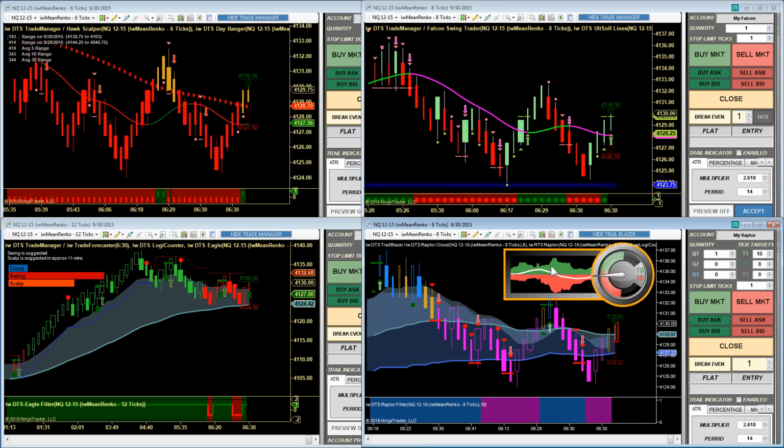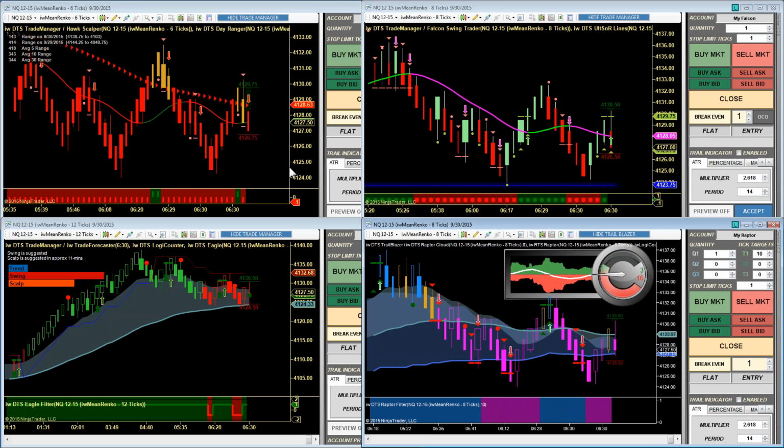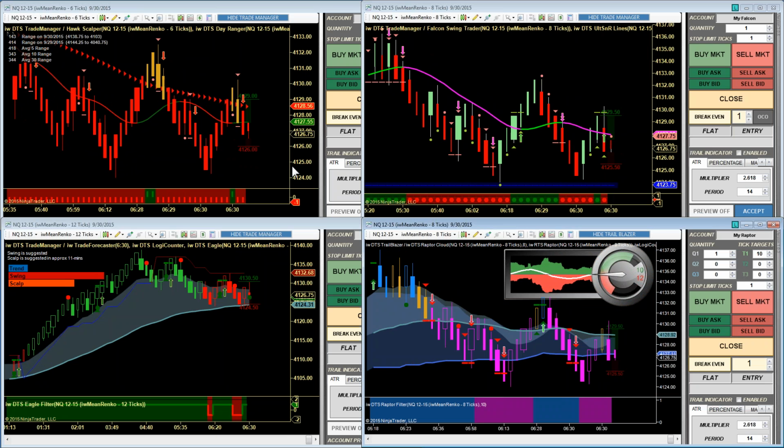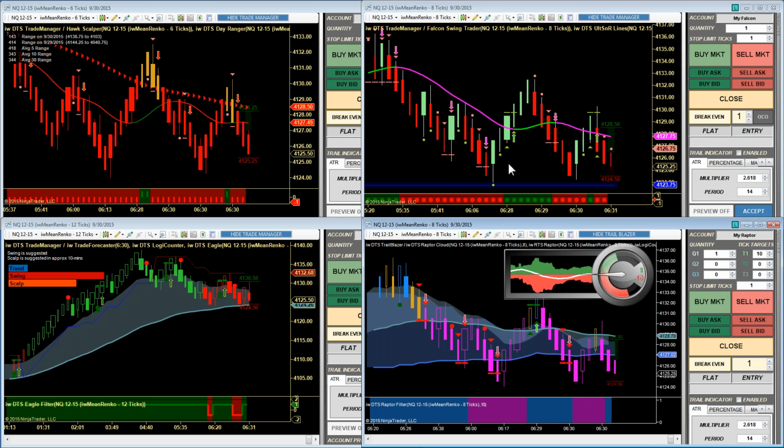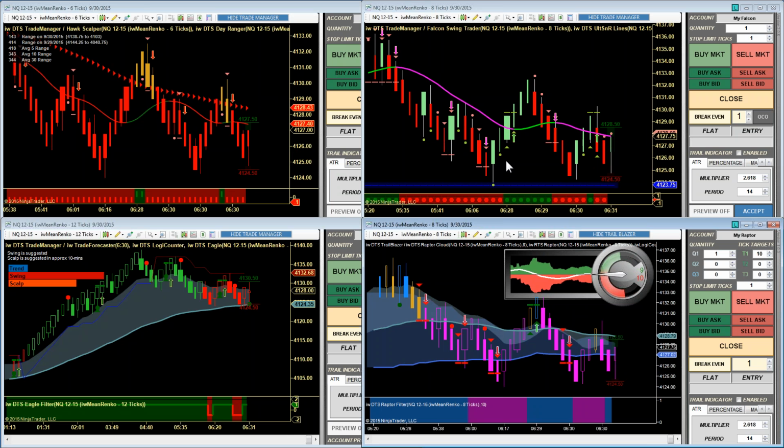I'm going to give you a really quick overview of what you're looking at here. This is the diversified trading system, and it's diversified because we're looking at the market from three different points of view. Here in the top left, we have the Hawk Scalper. Top right is the Falcon Swing Trader.